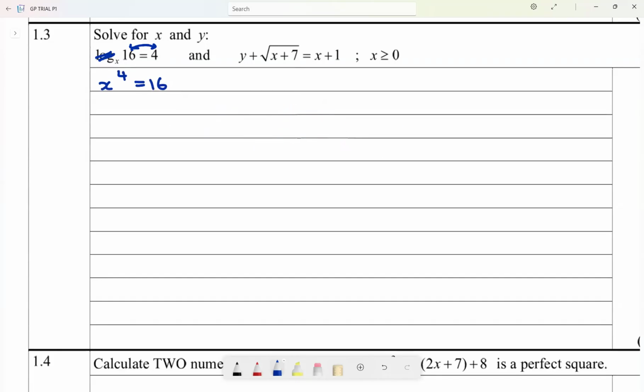Okay, I hope it makes sense. And then I can take the fourth root. When I take the fourth root, x is equal to plus or minus, but let's say it's 2.